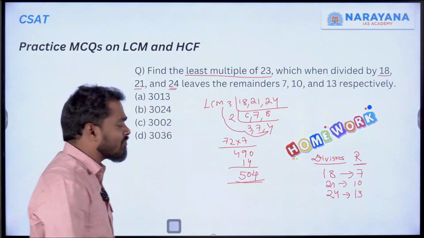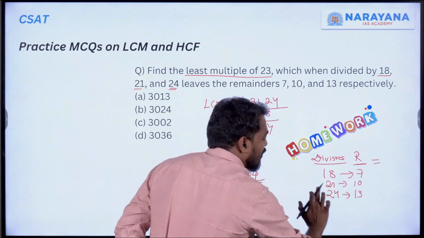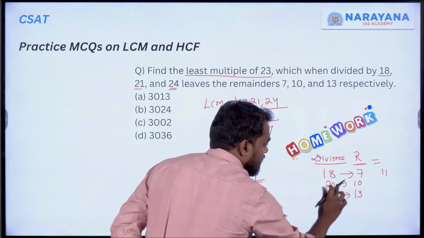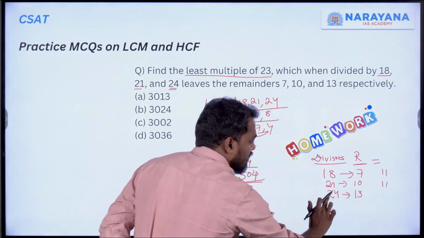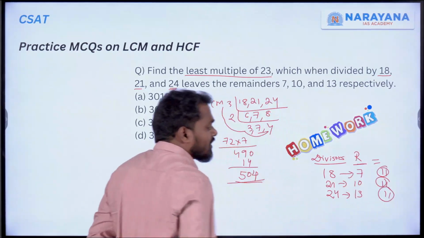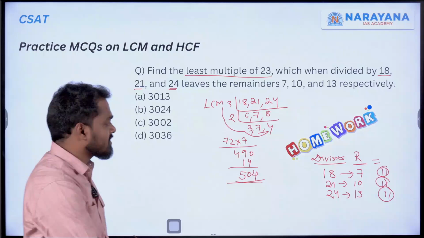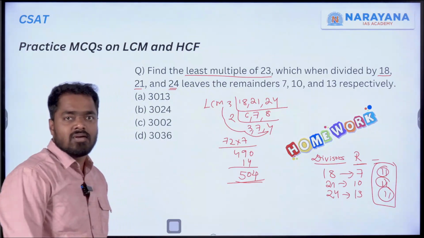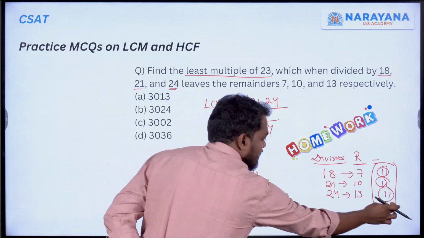And in these kind of problems, I have told you, take the remainder out of divisor. So 18 minus 7 is 11, 21 minus 10 is 11, 24 minus 13 is 11. And also I told you, in these kind of LCM based sums, every single time you will get the same difference. So this is the 11.